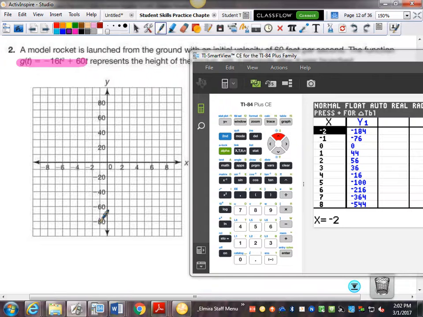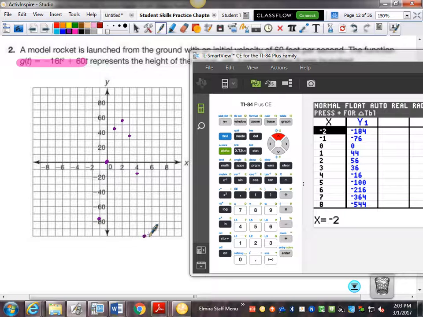So -1 and 76, I'll put a point, 0, 0, 1 and 44, 2 and 56, 3 and 36, 4 and -16, and 5 and -100, and that's all I can fit.